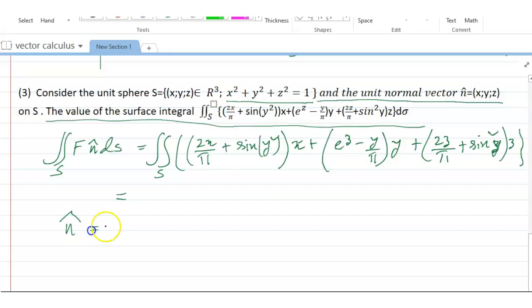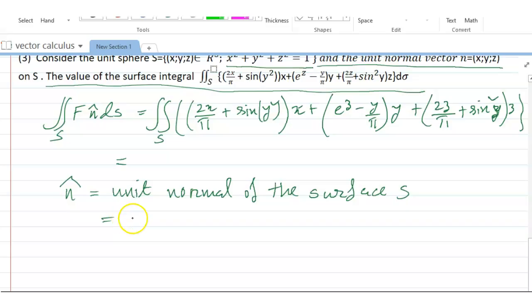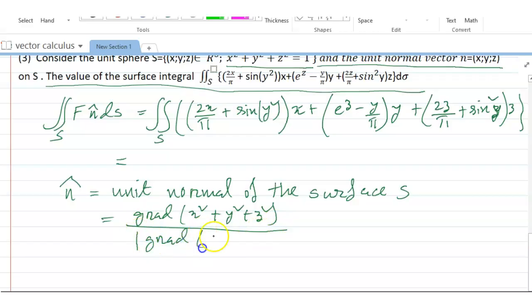Now the unit normal of the surface S equals grad of x square plus y square plus z square divided by mod of grad of x square plus y square plus z square.